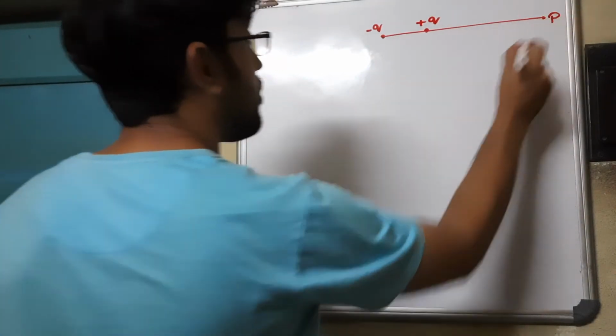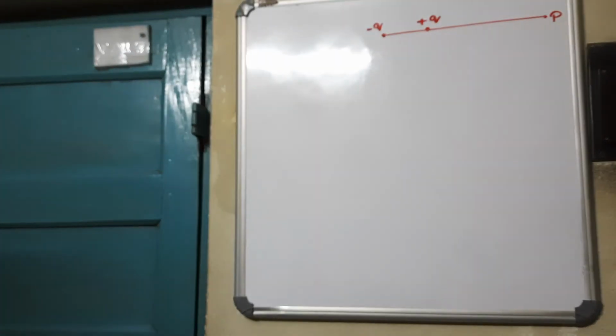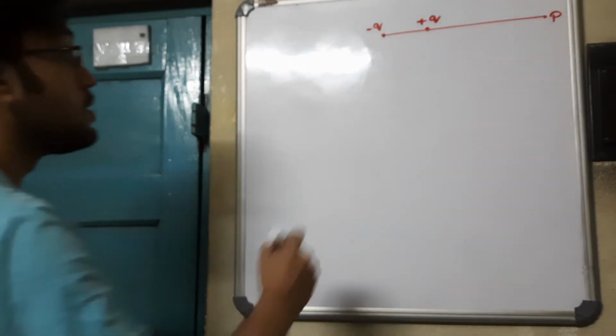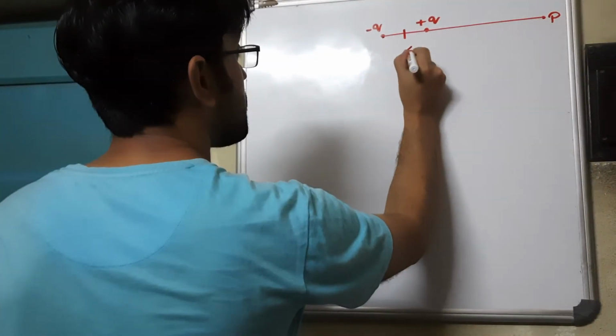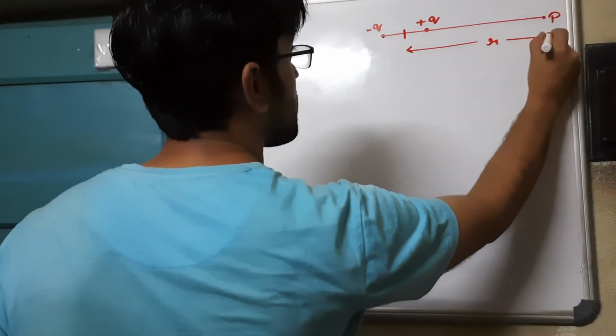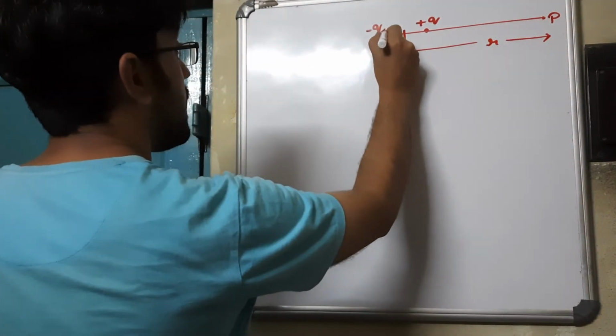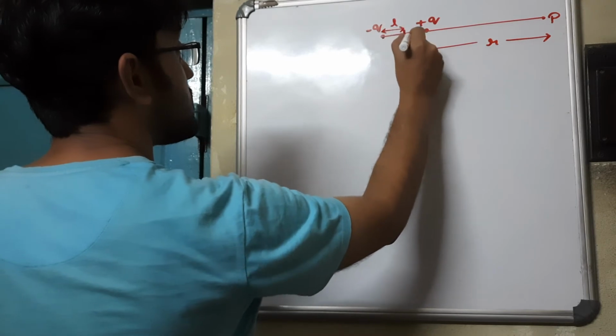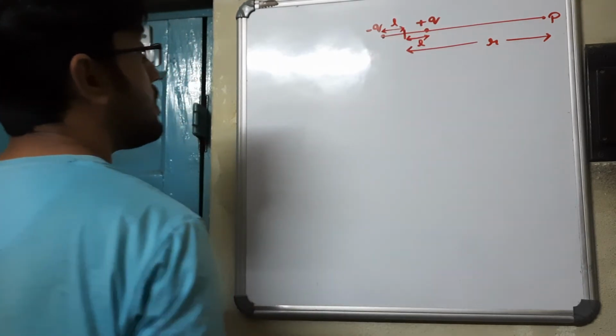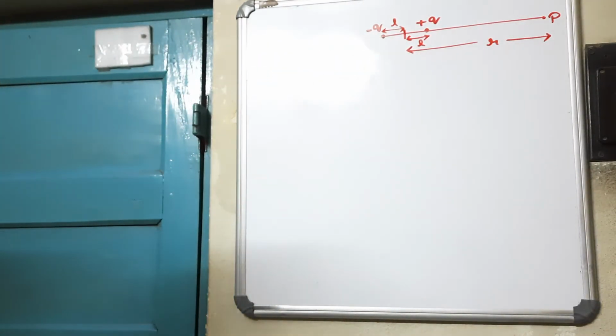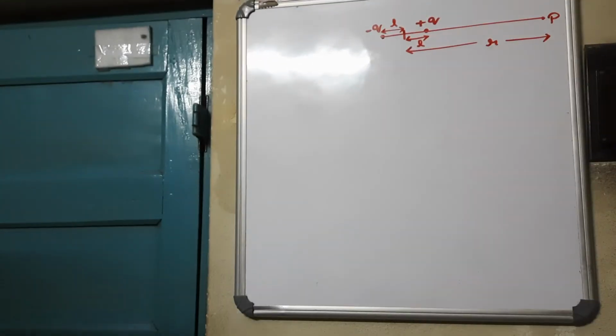And say this is the point P at which we are going to find out what is the potential due to this dipole. Now from the midpoint of the dipole, the distance to P be r, and these distances, these are L. So therefore the plus q charge is at a distance r minus L, and the minus q charge is at a distance of r plus L.